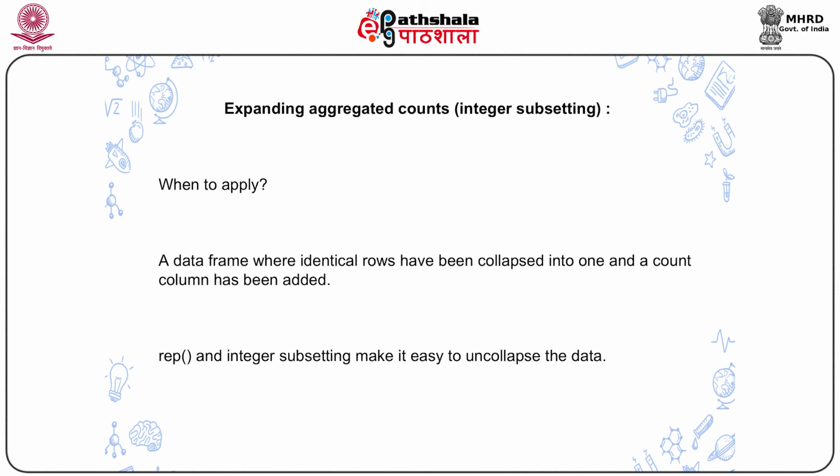Now, here comes the idea of expanding aggregated counts. Again, sometimes you get a data frame where identical rows have been collapsed into one and a count column has been added. Here, the function rep and integer subsetting make it easy to uncollapse the data by subsetting with a repeated row index.